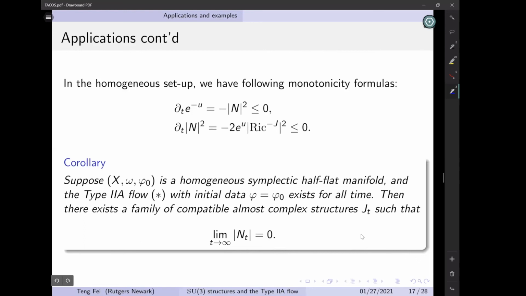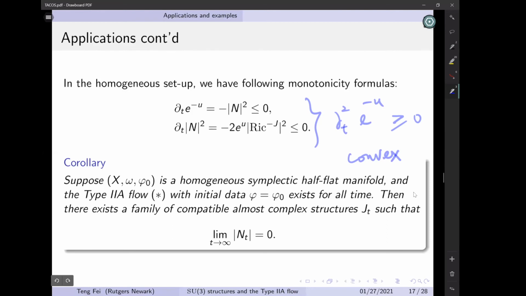Okay. So this is actually very easy to prove because if you combine these two equations, you can find that the second derivative of e to the minus u is non-negative, so this is a convex function.